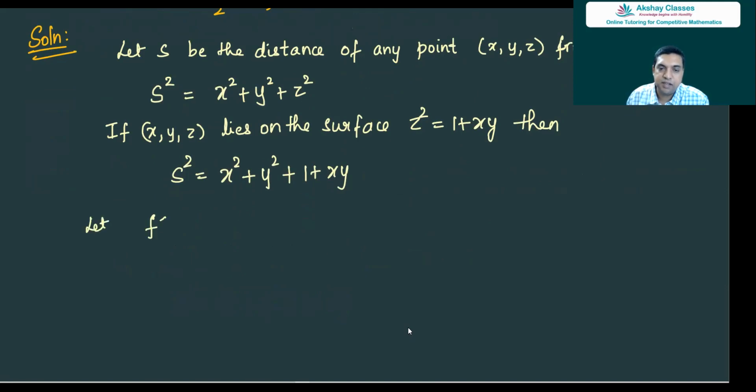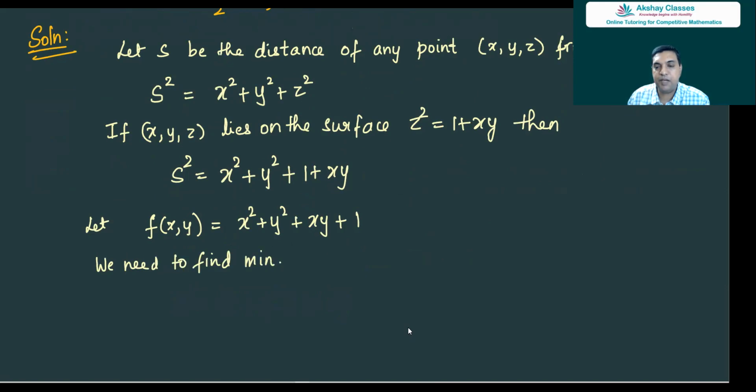So let f of (x, y) be equal to this. And we want to find the minimum value of this function. If this is minimum, then S square will be minimum, which means S will be minimum.